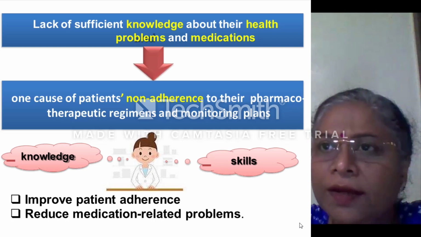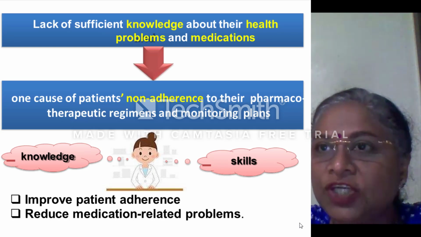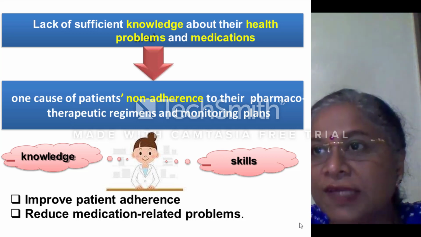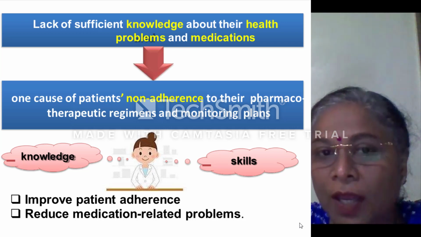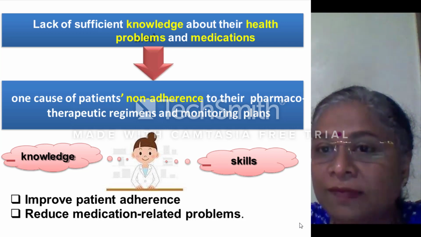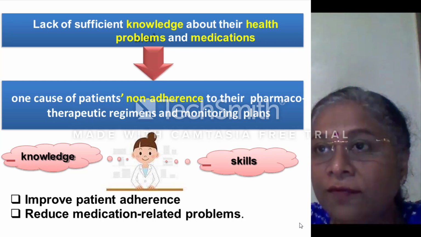Now, why do we need patient counseling? Because sometimes there is a lack of sufficient knowledge about various health problems. Not only that, but sometimes there is a lack of knowledge about the medication also, because of which there may be non-adherence to the pharmacotherapeutic regimen, and therefore sometimes a problem in monitoring the entire plan.